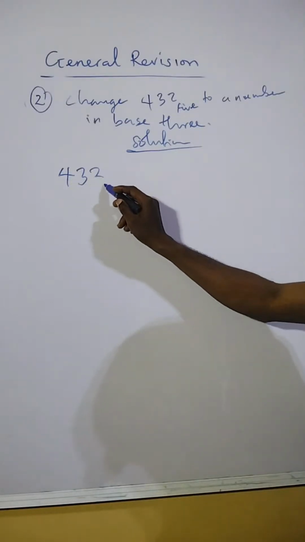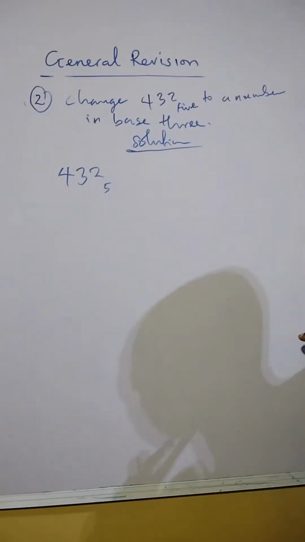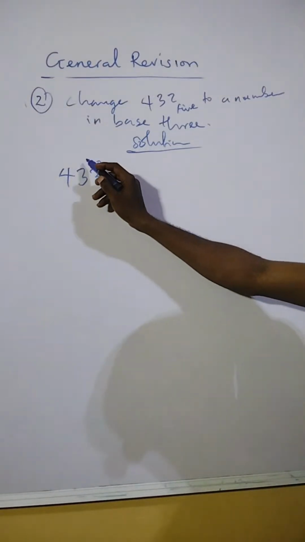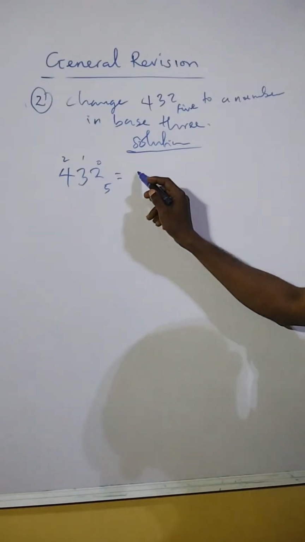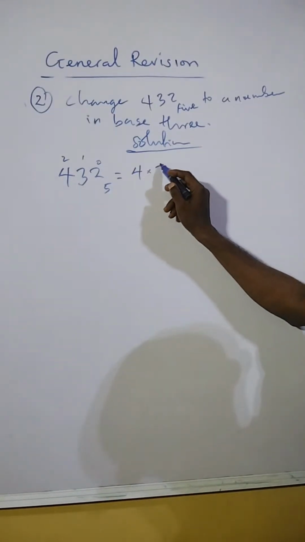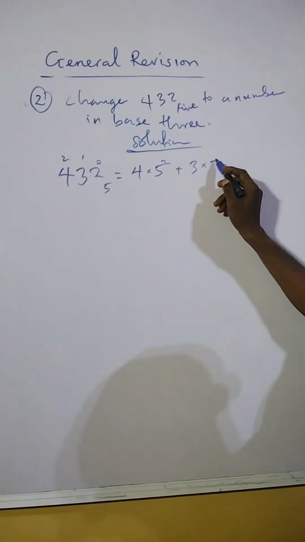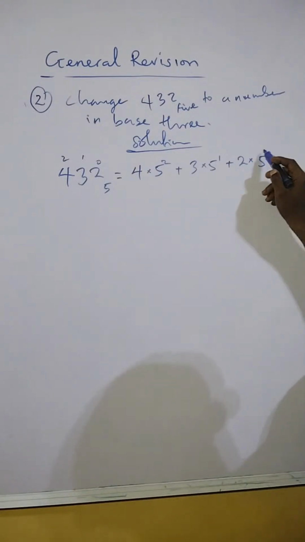Solution here. So we have 432 from base 5, and we cannot go from base 5 to base 3 directly. So we first move from base 5 to base 10. We have 0, 1, 2. Expand with base raised to power 0, 1, 2. We have 4 times 5 raised to power 2 plus 3 times 5 raised to power 1 plus 2 times 5 raised to power 0.